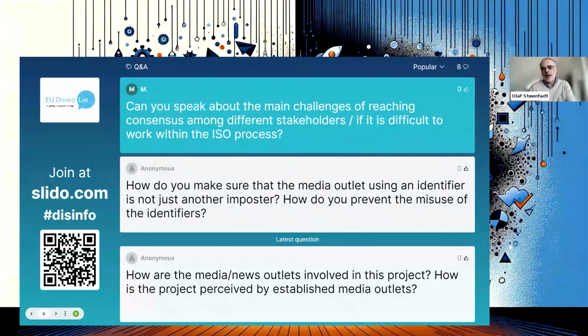And then on the other hand, you have the group of stakeholders that are us, basically, people somehow related to the media sector, that first of all need to dive into the logic of how identifiers and validation work technically. And so this is the main challenge, I think, at the moment.